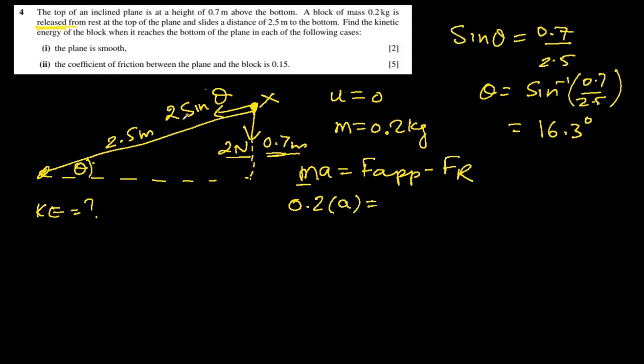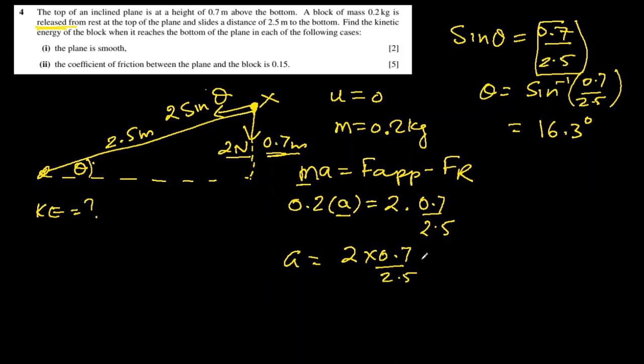Applied force will be 2 sine theta, and sine theta is known to us. Sine theta is 0.7 over 2.5. And now we have to find acceleration. So acceleration in this case will be 2 times 0.7 over 2.5 divided by 0.2.